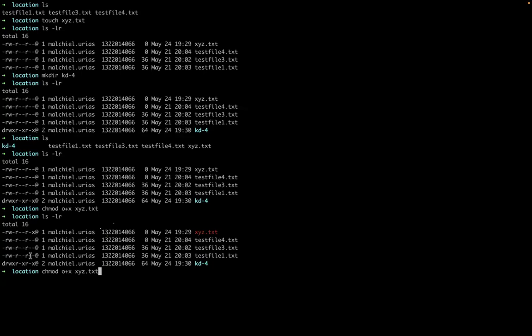So if I execute this, adding execution permissions to o is for others. I'm sorry, these permissions are to the user, that is the owner, the first one. So I can use o. What should I use? It should be u, I believe. Okay. So we're adding execution permissions to the user, u.